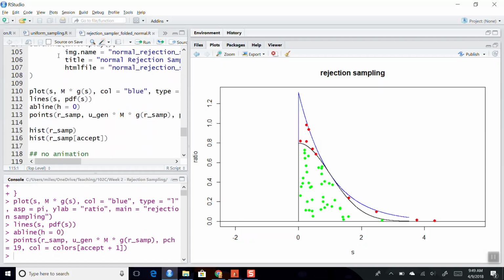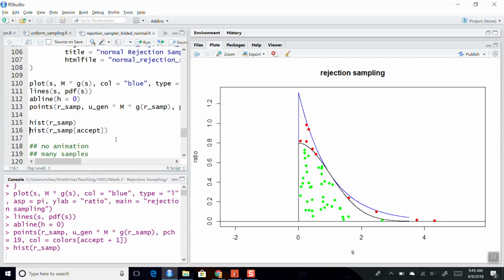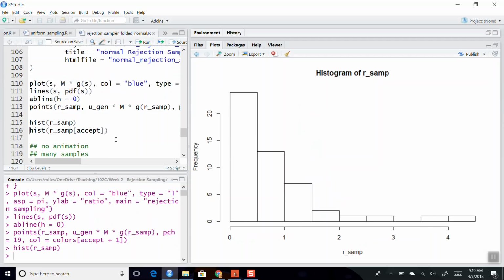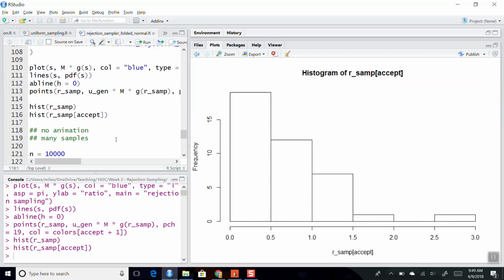Okay. So these are the 50 values that were proposed, and you can see we don't propose values out here very often, and when we do, these values are rejected, and so on. And so if we look at the histogram of sampled values, this is the exponential, but this doesn't look very great.